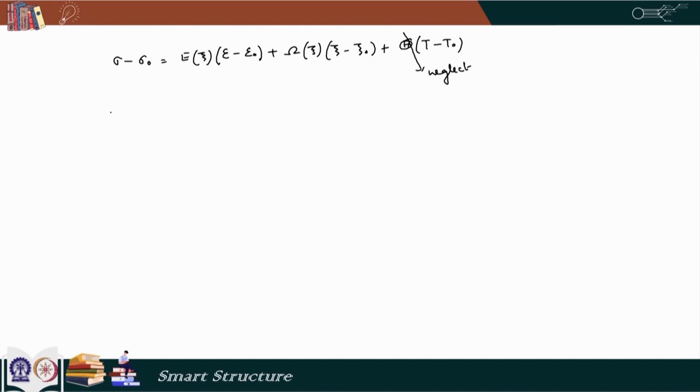Now, in this entire process sigma and sigma 0 are same, because we have seen that our load remains same and there is no constraint to it. So, sigma and sigma 0 are same.